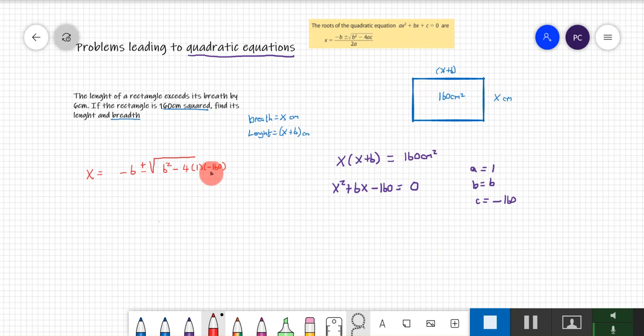That's our formula. Then we write the bottom part, which is 2a, so 2 multiplied by a, which is 1.